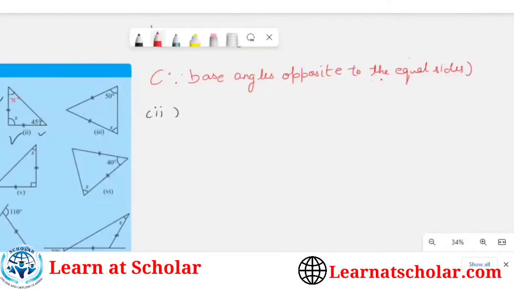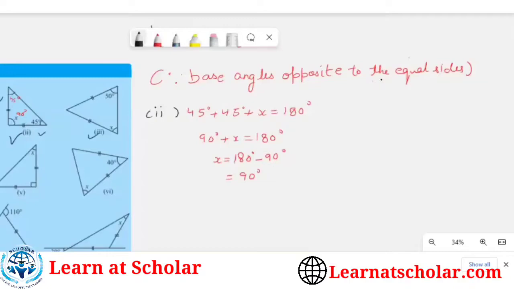So we have to find out the angle x. So we will add 45 degree plus 45 degree plus x, because the sum of the three angles in a triangle is equal to 180 degree. So x will be equal to 180 degree minus 90.